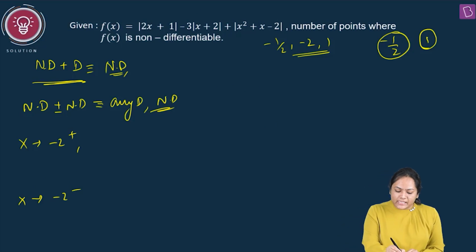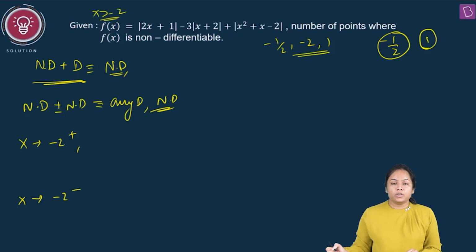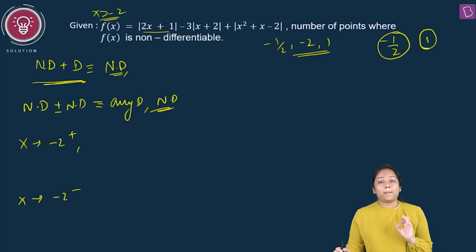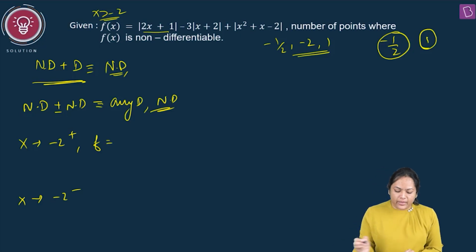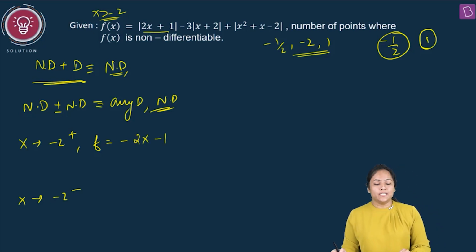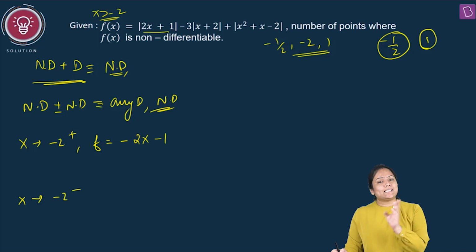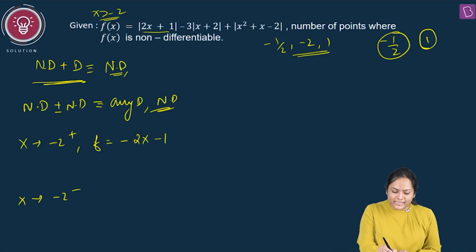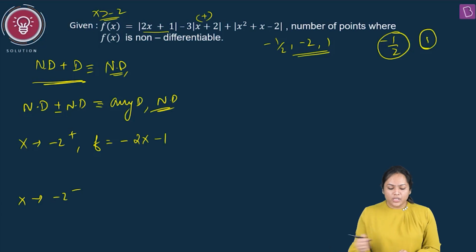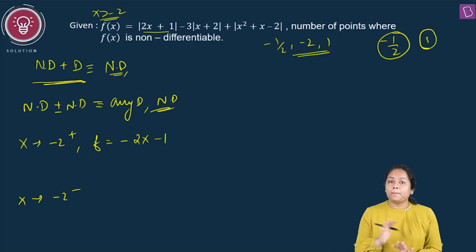So when I have x greater than minus 2, my f of x, the first modulus, definitely is going to open with a minus sign, right? So I have f is equal to minus 2x minus 1. Similarly, when I take x slightly greater than minus 2, my second mod will become positive, so the value is going to open with a plus sign. So it will remain as it is, so it's minus 3x minus 6.